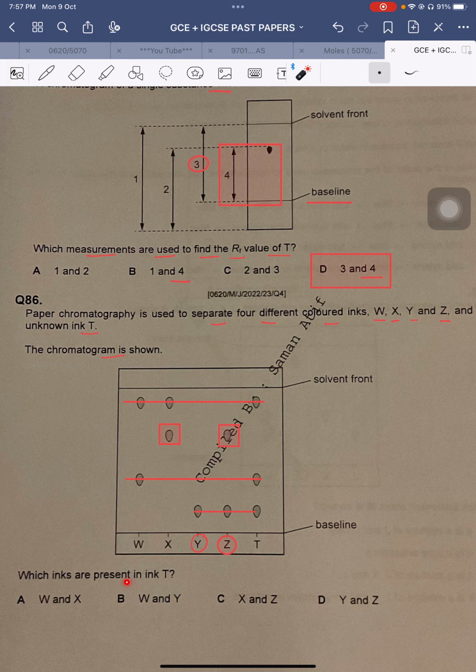No doubt one of the spots of Z and one of the spots of X are also present in T, but the other spots of Z and X are not matching with T. That's why Z and X are not present in T.